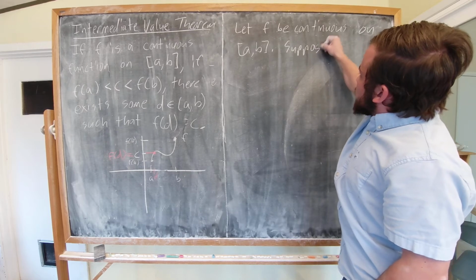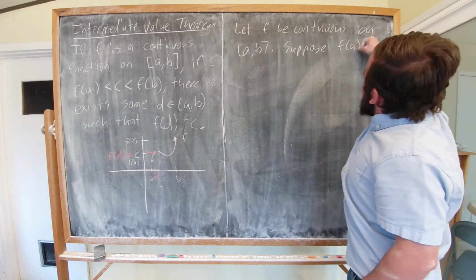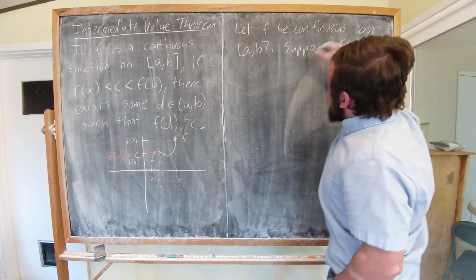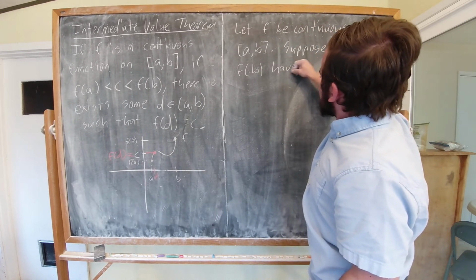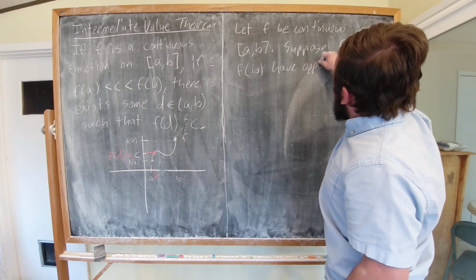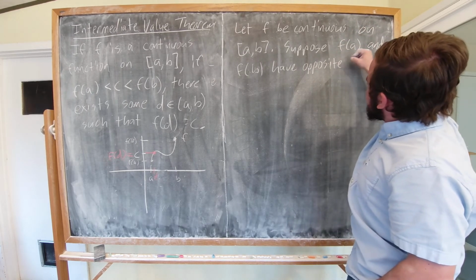Suppose f of a and f of b have opposite signs.